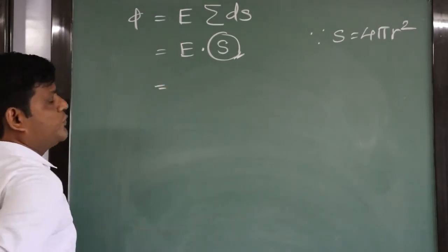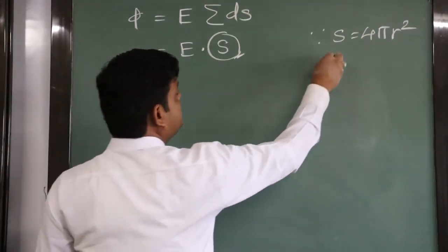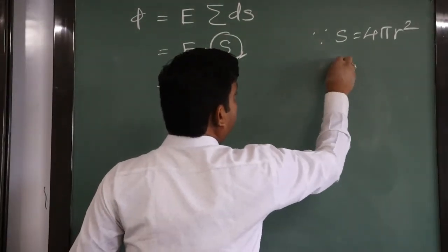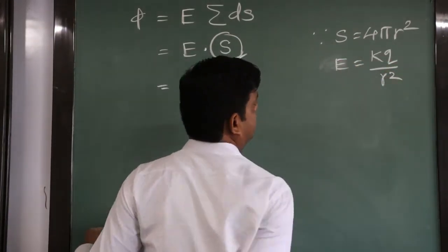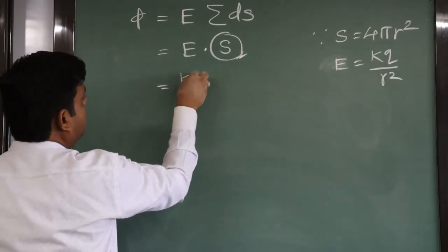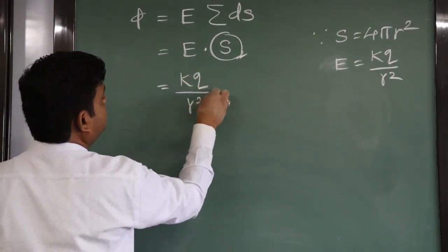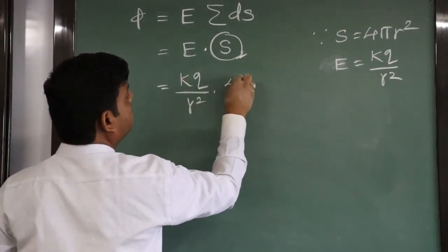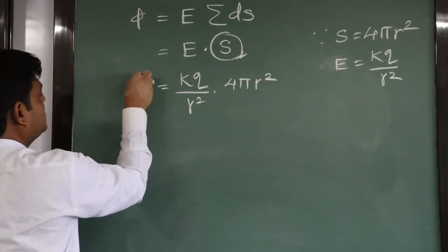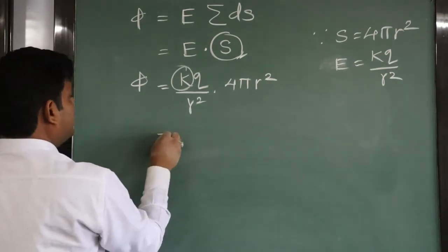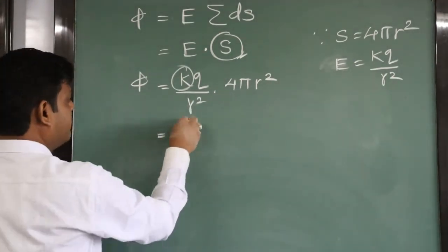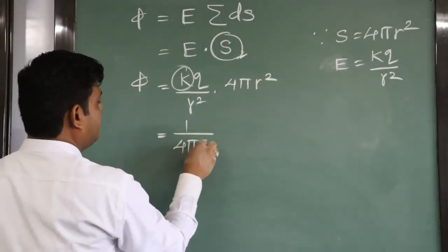So we are going to put the value of E and S. What is E? E equal to K Q divided by r square, right. So K Q divided by r square into S, that is 4 pi r square. So this is the flux. Again, what is the value of K? K is 1 divided by 4 pi epsilon 0.